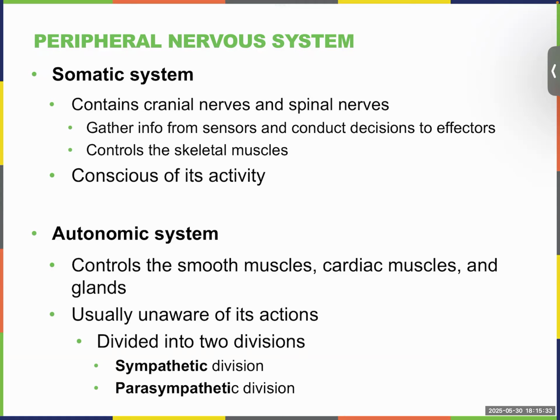The autonomic system, you don't consciously control. It controls smooth muscles, cardiac muscles, which I'm relieved I don't have to think about controlling my own heart, and glands. You're usually unaware of these actions. It's divided into two divisions, sympathetic and parasympathetic.